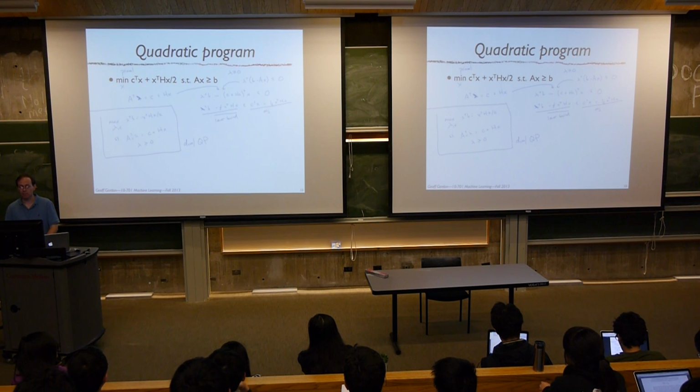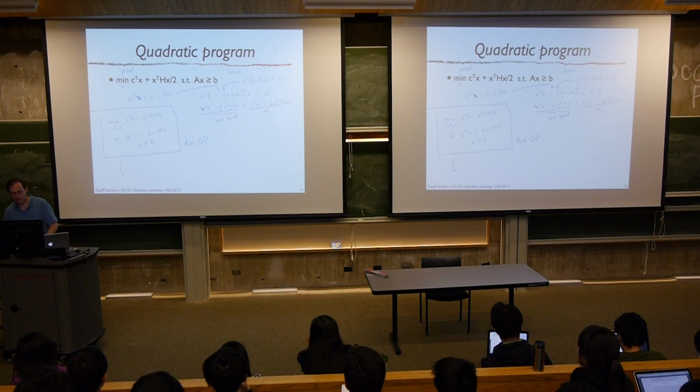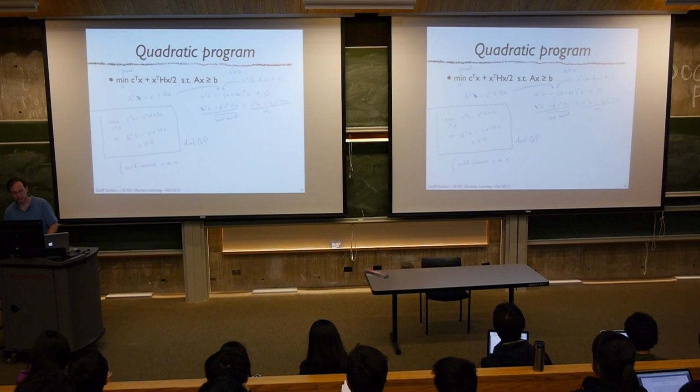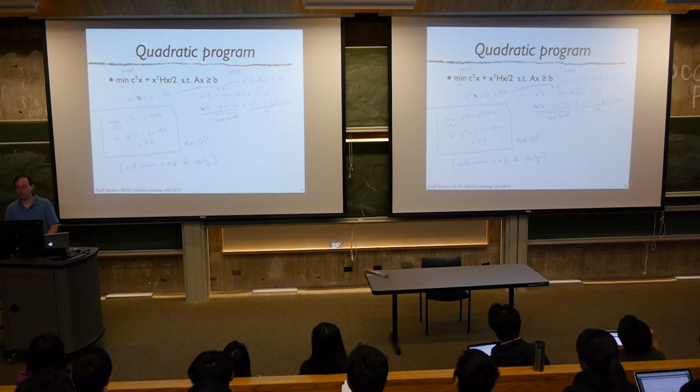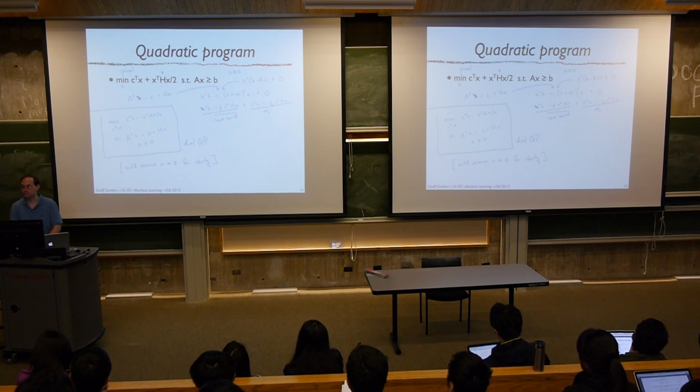I could rename x to something else like z for clarity. And so a dual solution is going to be a lambda and a z, and a primal solution is going to be an x. But the z in the dual plays an exactly analogous role to x in the primal.